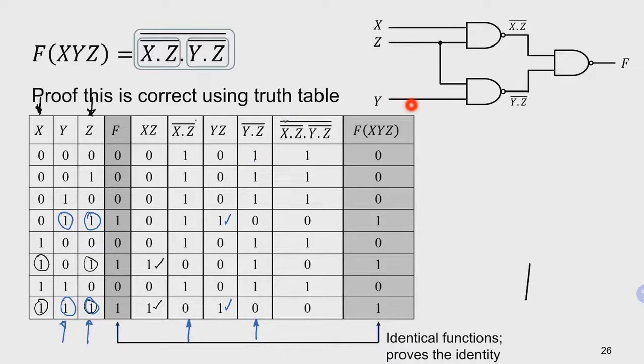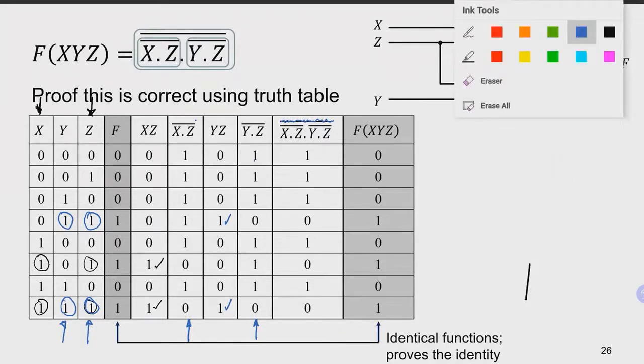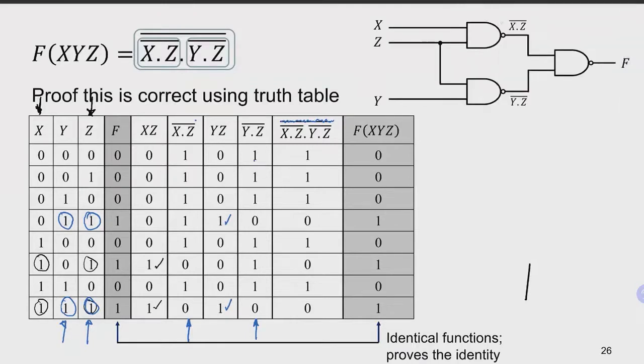This should have a bar. Okay, I know what's wrong. So this should be a NAND of these 2 columns.